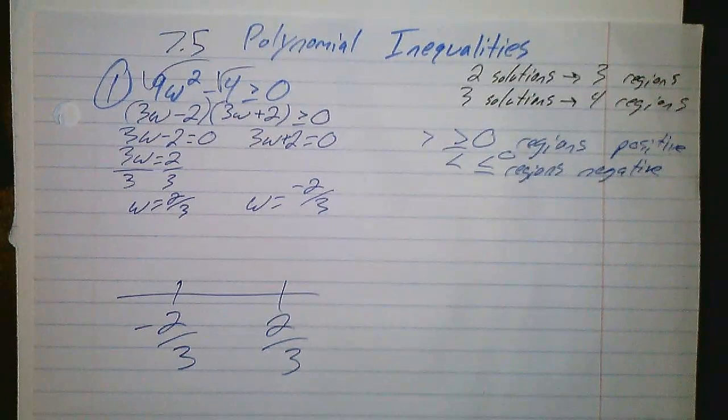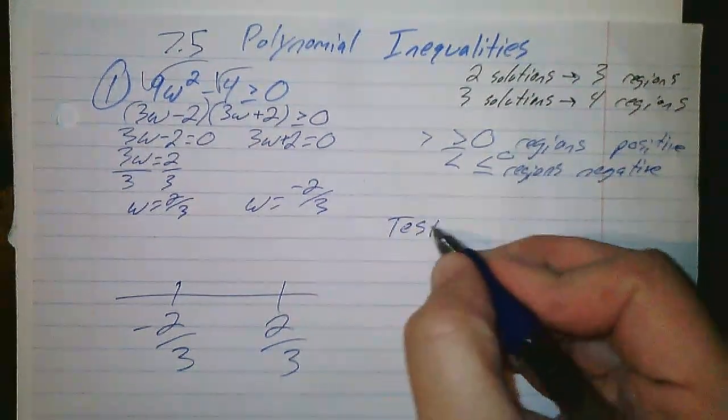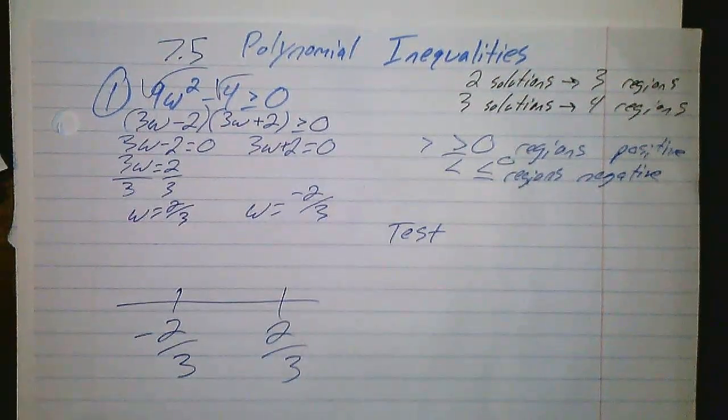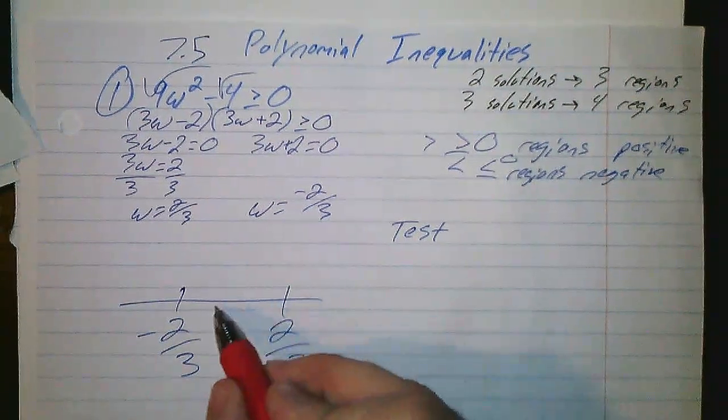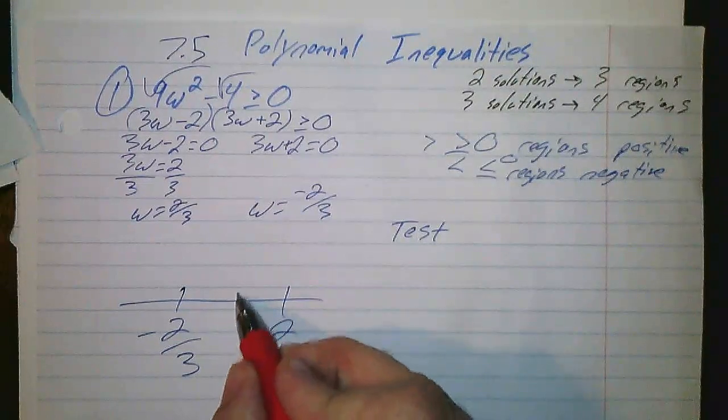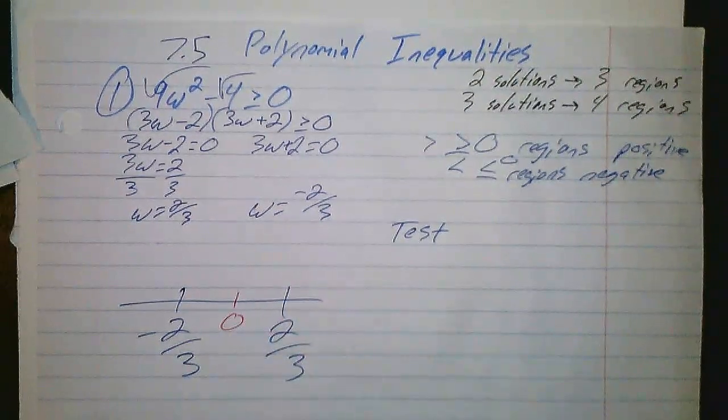So, a few ways that we can do this test. What are the values that we can test? We're thinking about the x-axis like a number line. If you can test 0, you should always test 0 because that's easy.